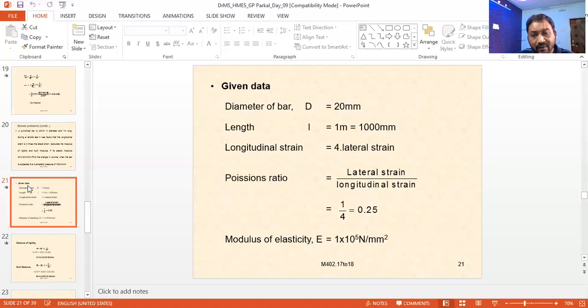So the lateral strain by longitudinal strain will become 1 by 4, that is equal to 0.25, and the elastic modulus, nothing but the modulus of elasticity or Young's modulus, is given as 1 into 10 power 5 newtons per square millimeter.